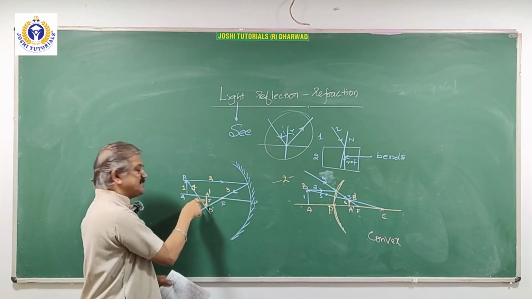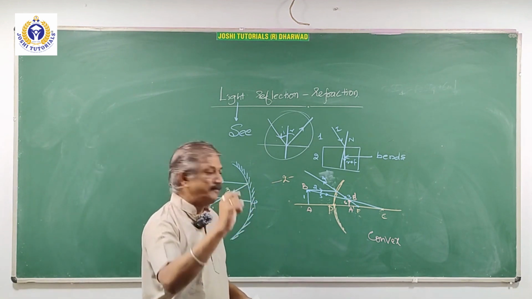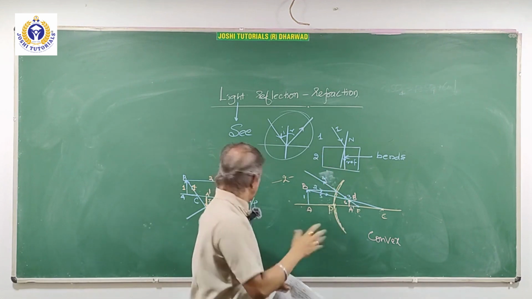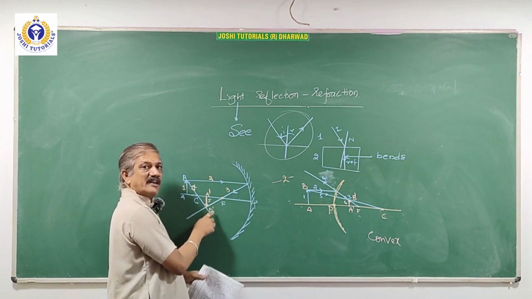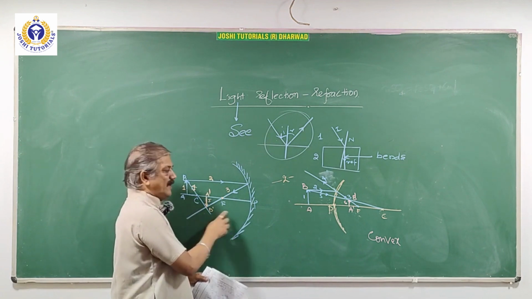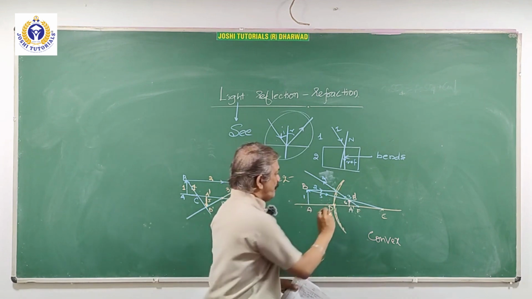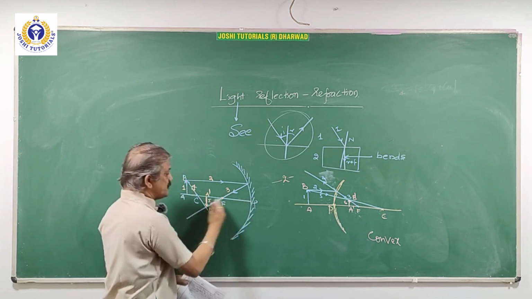Here, image is either same size, enlarged or diminished. Here it is always diminished. Here, most of the images are real. But here, always virtual. Focal length is positive, right side. Focal length is negative, left side.